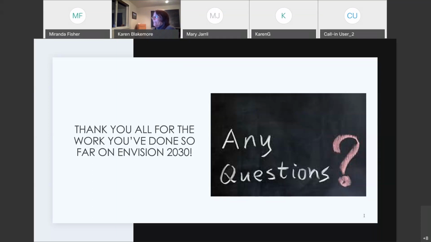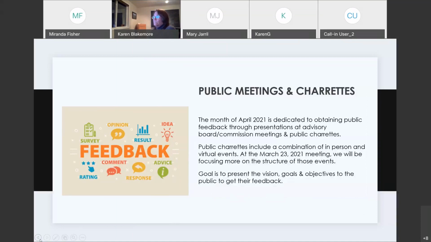My mind got a little bit hung up on the last frame. Miranda, can you push it back one page? It's about the public charrettes and how some of it's going to be virtual and some of it's going to be in person.